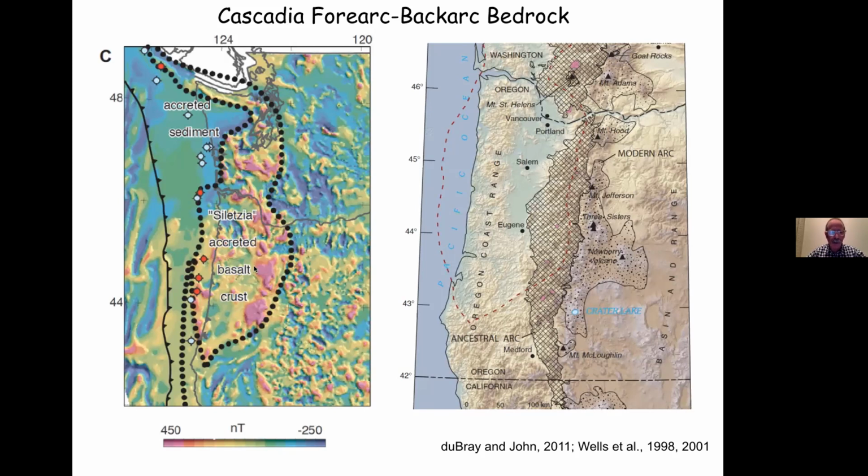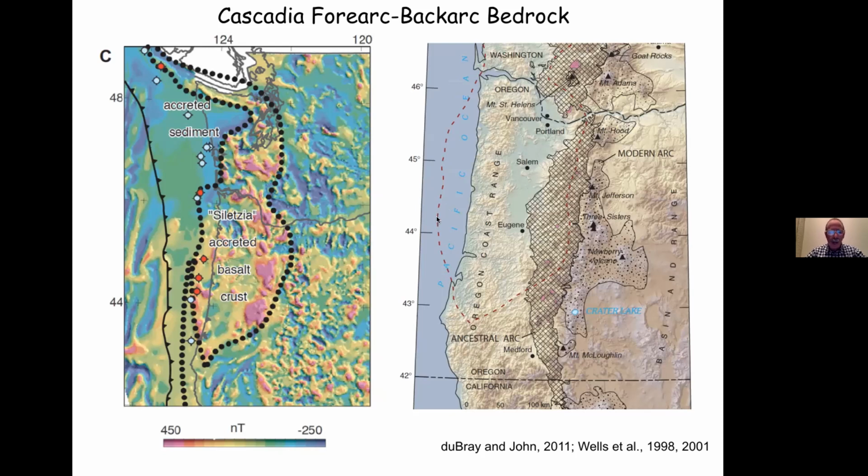Over-thickened in so much as in the state of Oregon, the block is as much as 30 to 35 kilometers thick, but by the time you reach the Olympic Mountains right up here, Seattle, Washington is about right here, or southern Vancouver Island, that same block is only 7 kilometers thick and has normal oceanic crustal thicknesses.